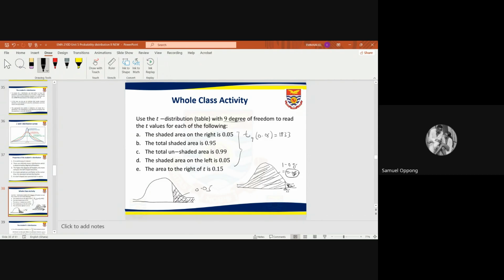Sir, yes, this one, how you draw the diagram, I don't really get it. Is it about the total area or the shadings? Where will our 0 be?